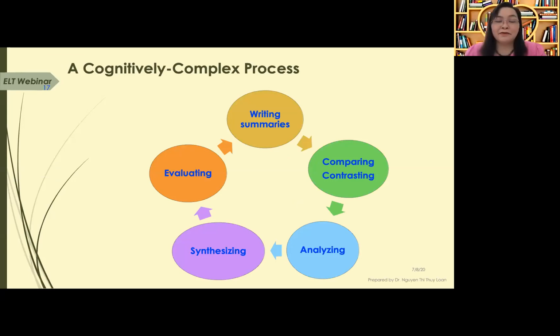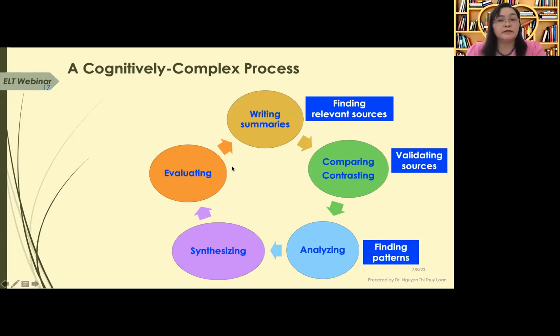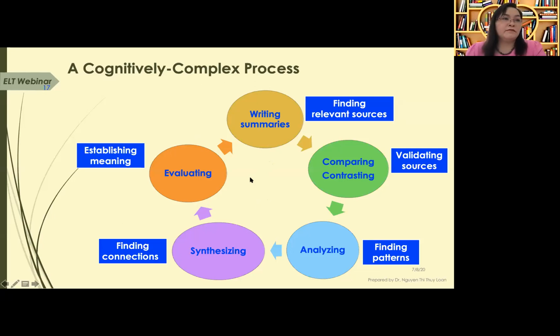You start from reading and then summarizing in order to find the related research, and then you compare and contrast, analyze or synthesize in order to find the patterns and the connections between the literature, like I showed you in the web of the network of the literature in the field. And the important thing is, from what you analyze and find in the literature, how you make meaning of what you found.